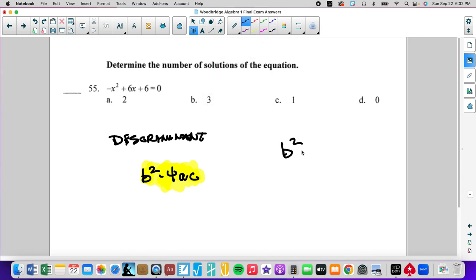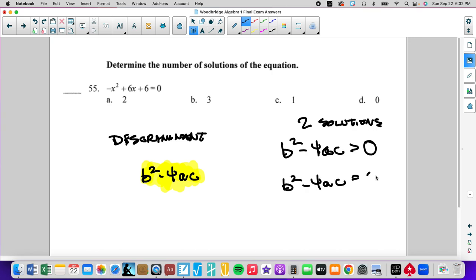When b squared minus 4ac is greater than 0, we know that we're going to get two solutions. When b squared minus 4ac is equal to 0, well, that square root ends up being one value, so this is one solution.